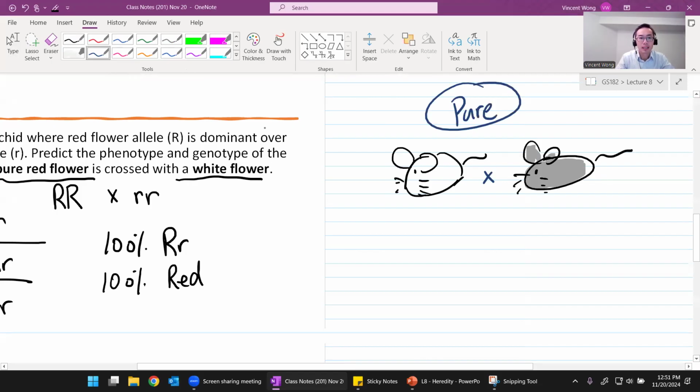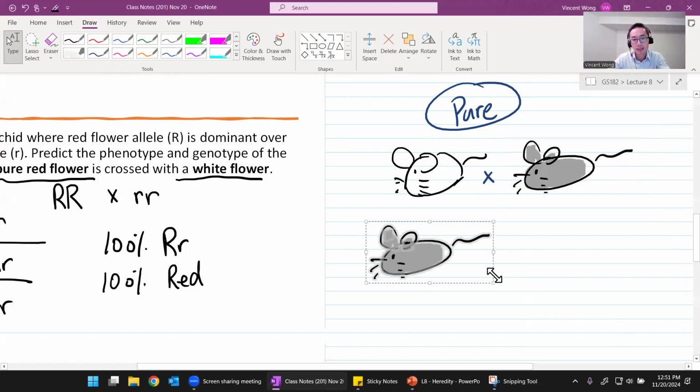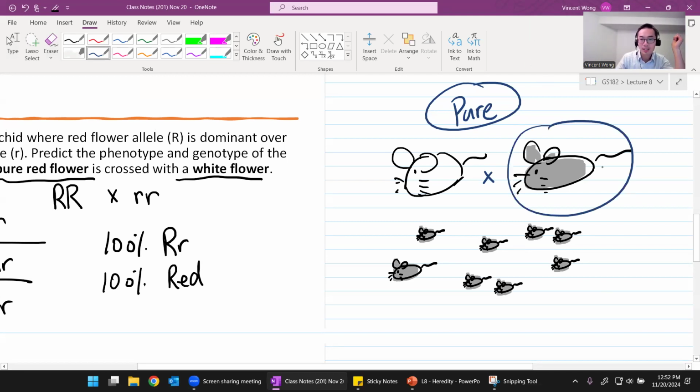And then afterwards, we look at the babies. Okay, and then all the babies are gray. So which one is dominant? Is white dominant or is gray dominant? Well, I hope the answer is obvious. This is dominant, right? Yeah, exactly.